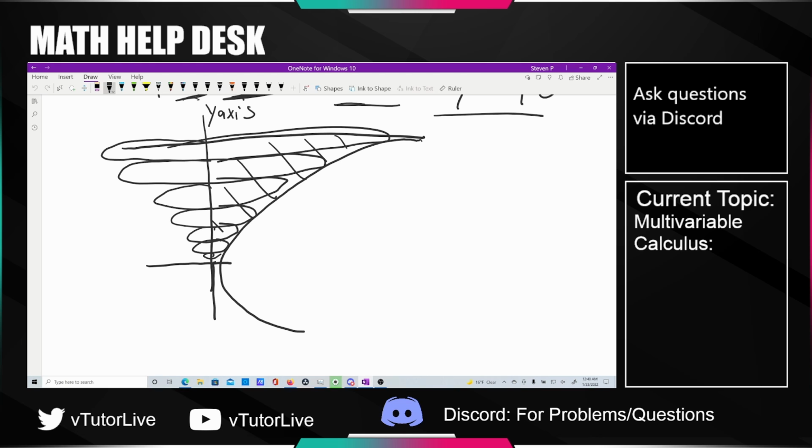How do you know it's the disk method? What pops in your brain when you see a question like this? That's a great question. When I'm being told that I'm revolving a region around a specified line, the fact that I'm revolving it instantly makes me think disks. So specific wording.